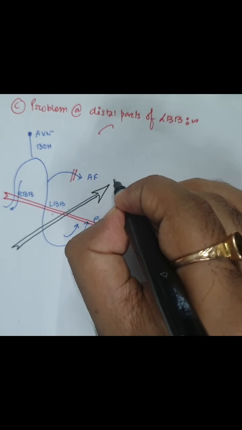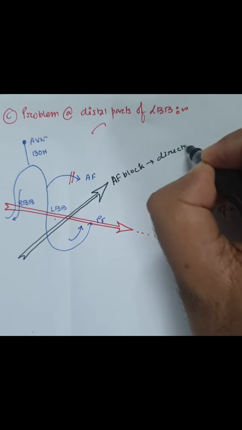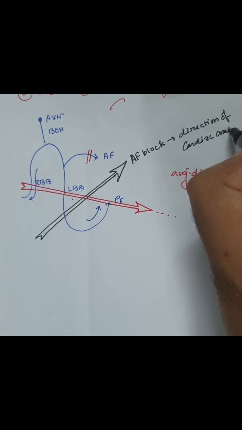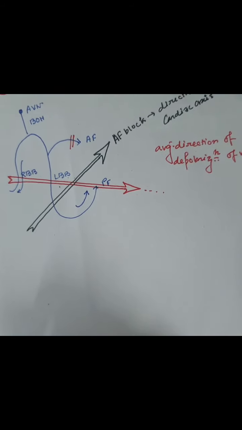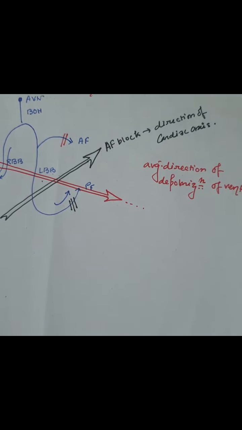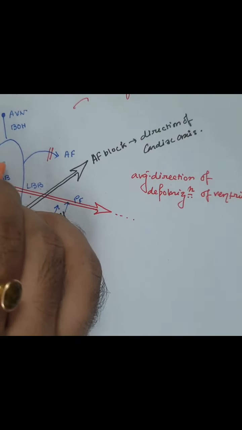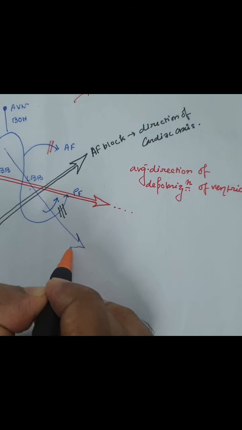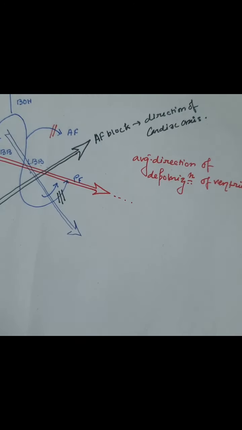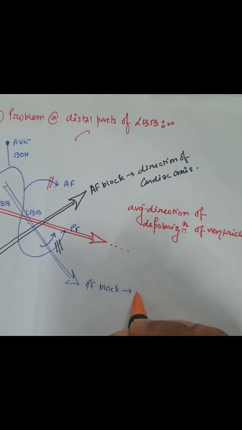So in case of the anterior fascicular block, this is the direction of the cardiac axis. And if the posterior fascicle is blocked, then the cardiac axis will get much more downwards, like this. So this is the cardiac axis when there is posterior fascicular block.